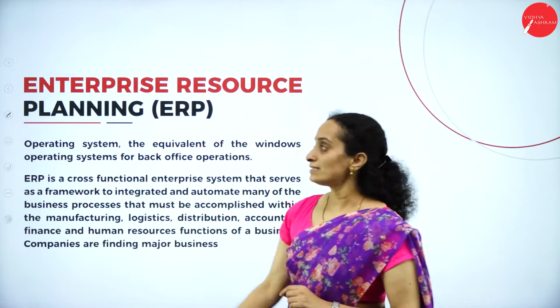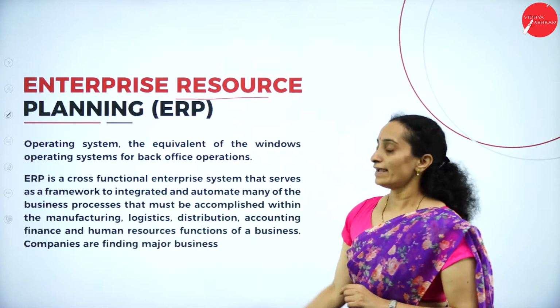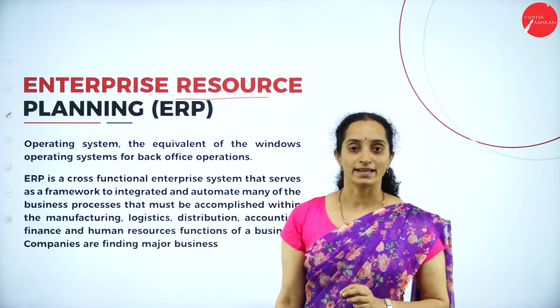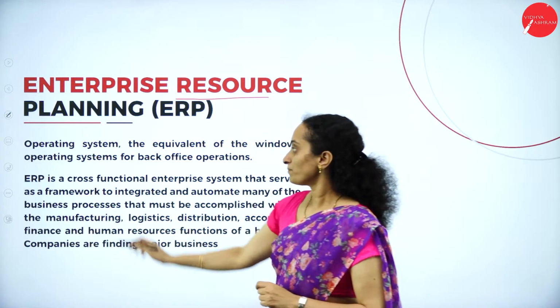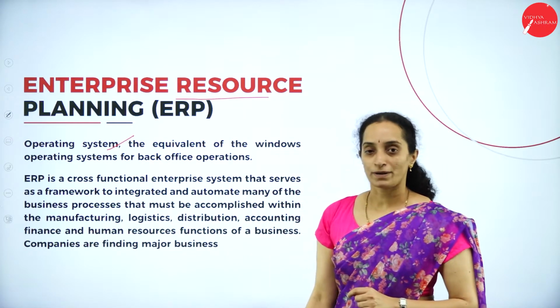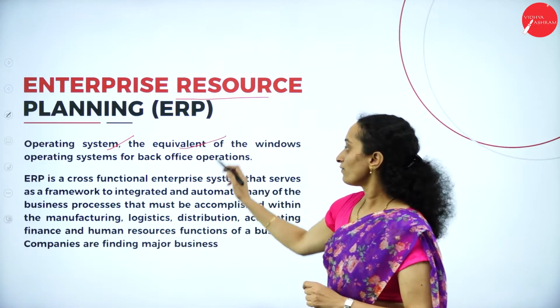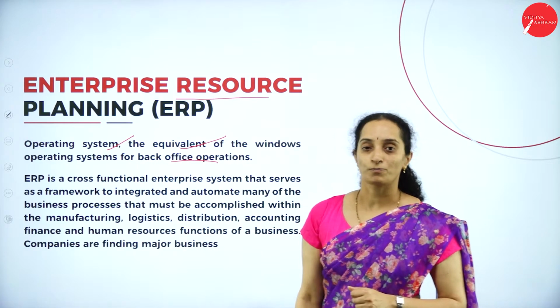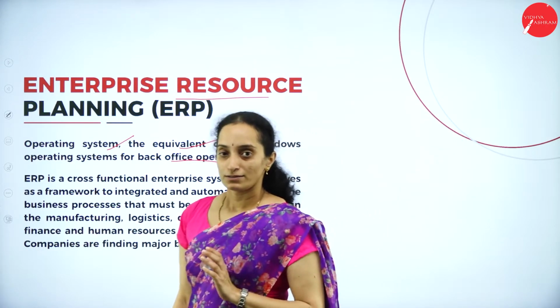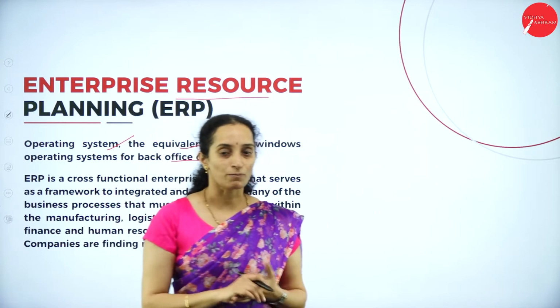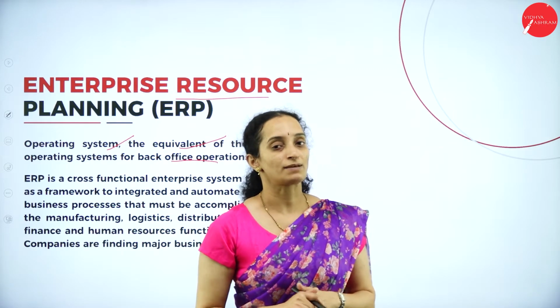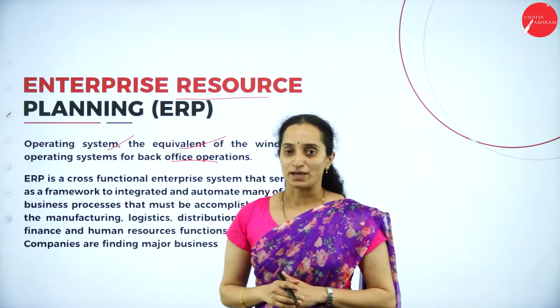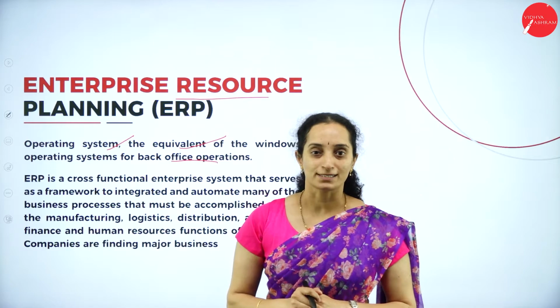For this, we make use of enterprise resource planning, or ERP. We use the equivalent of the Windows operating system for back office operations. The most popular operating system we use in computers is Microsoft Windows, isn't it?